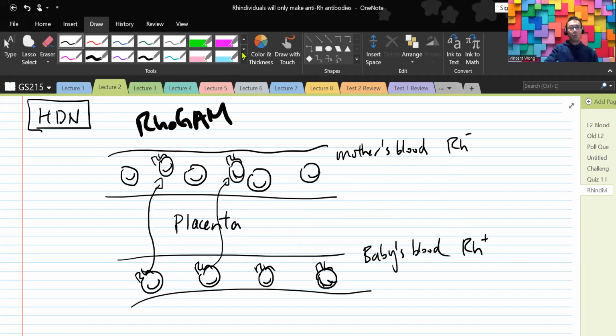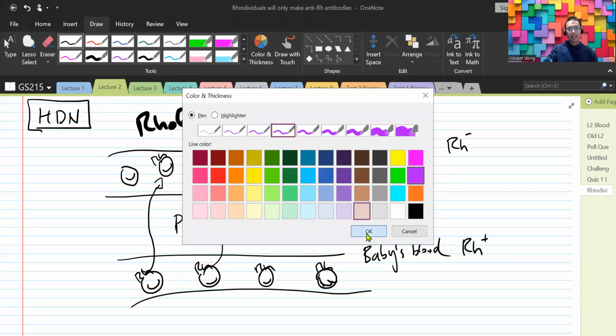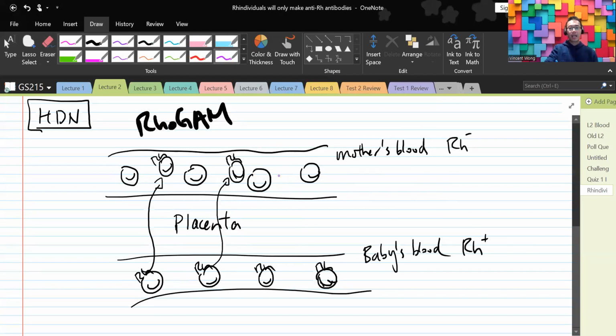What the RhoGAM does is, first of all, it's an antibody that attacks Rh, and the mother already has the RhoGAM in her system, these are the RhoGAMs. The RhoGAM will immediately destroy all the positive cells that are making their way into the mother's bloodstream.